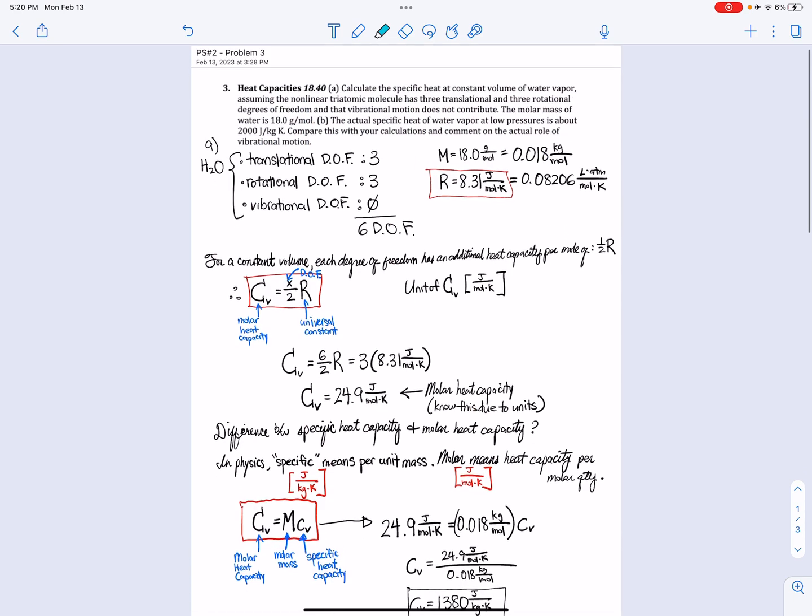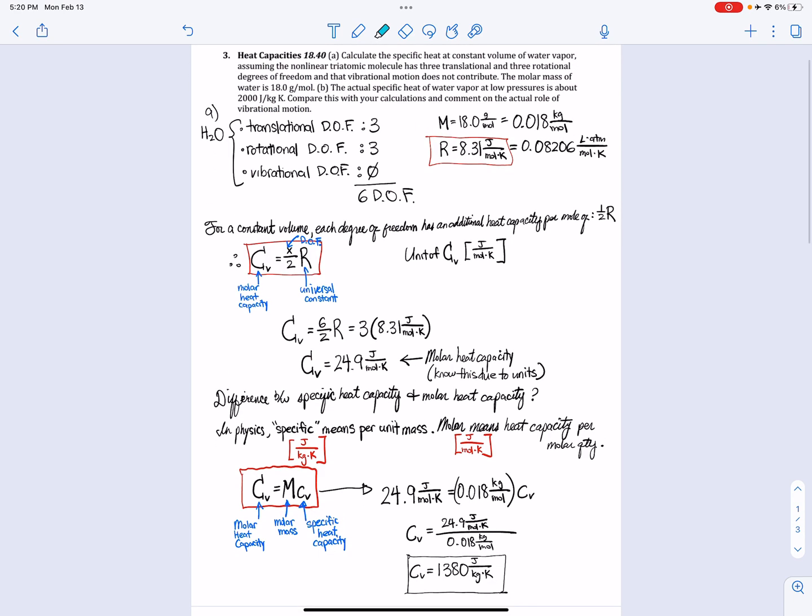Earlier, when we were looking for the molar heat capacity, we assumed 3 degrees of freedom in translational, 3 degrees of freedom in rotational, and that vibrational motion had 0 degrees of freedom. It didn't contribute earlier.